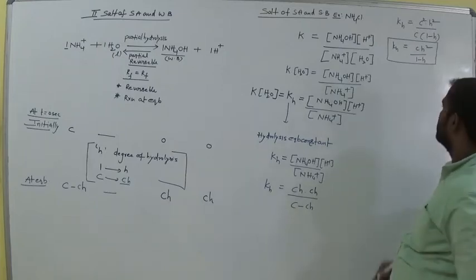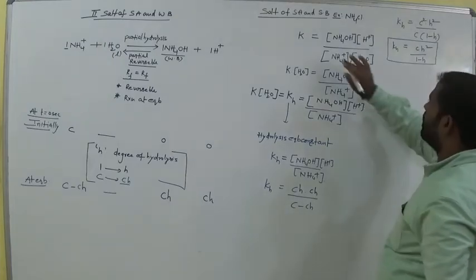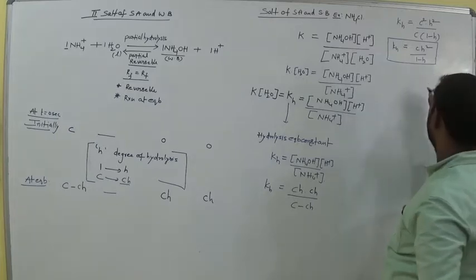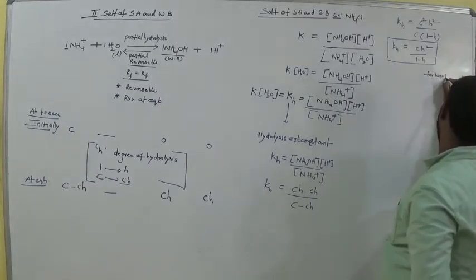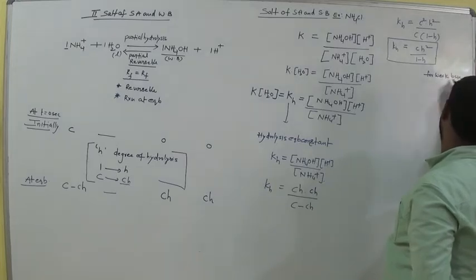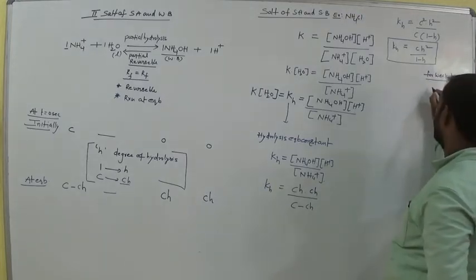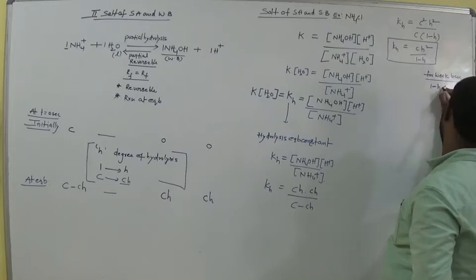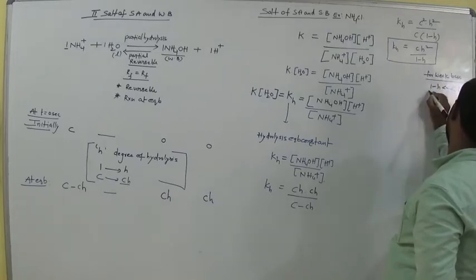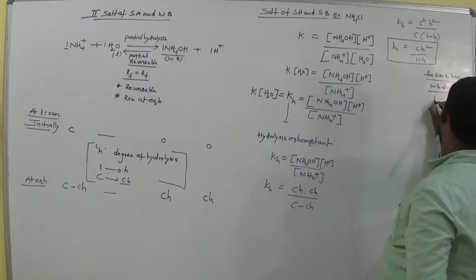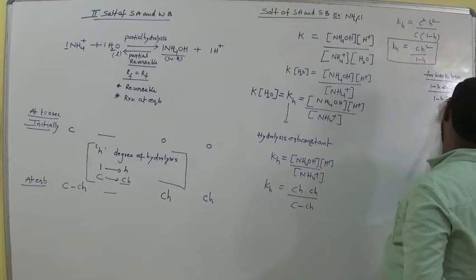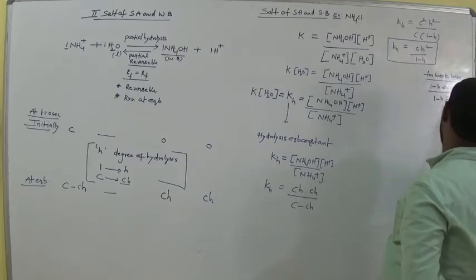Clear? So ammonium hydroxide is a weak base, you know. For a weak base, the value of H is very much less than 1, so 1 minus H is approximately taken as 1.